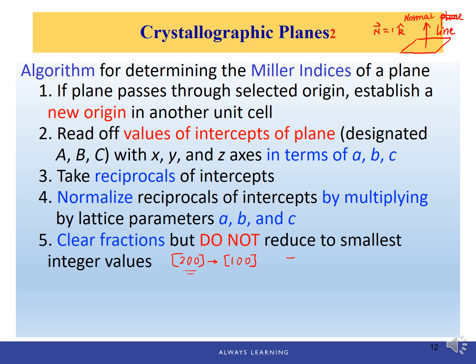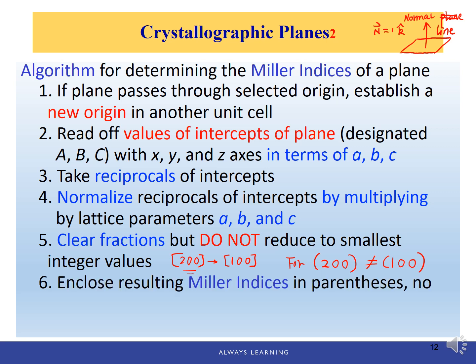But for planes, the 2, 0, 0 plane is not the same as the 1, 0, 0 plane. So we do not reduce to smallest integer values. And number 6, enclose the resulting Miller indices from step 5 in parentheses, just like this.